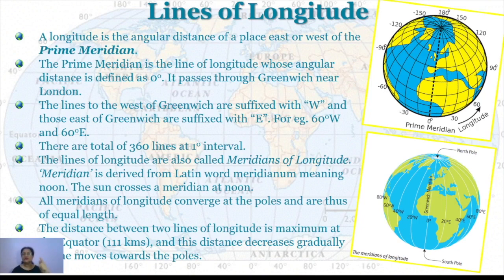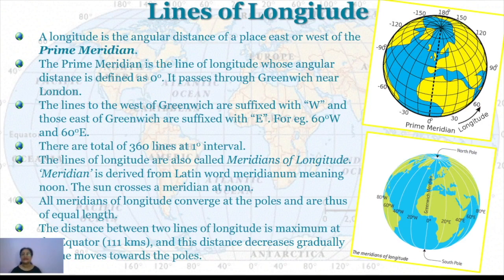If you remember, when we were talking about latitude, it gives us the angular distance of a place north or south of the equator, because these are horizontally drawn lines. But in the case of longitudes, the angular distance of a place east or west of the prime meridian is called a longitude, right?